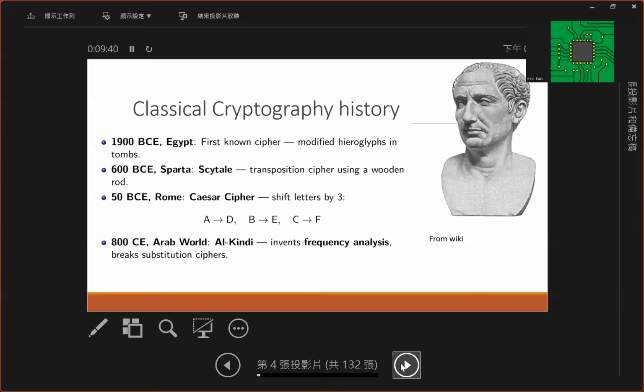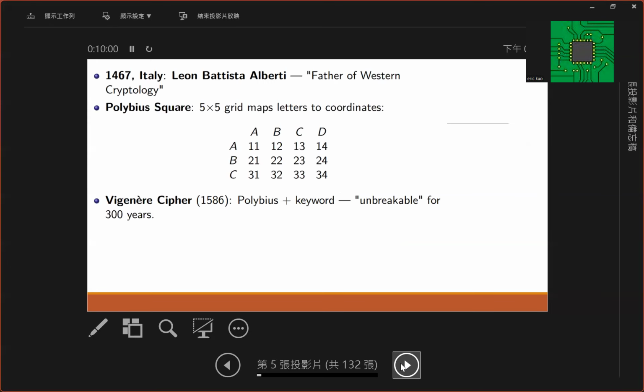And this one is easy to break, because if you see something weird, you just try shifting it by 26 different letters, and then you know which it is if you understand enough English. So this is very simple.